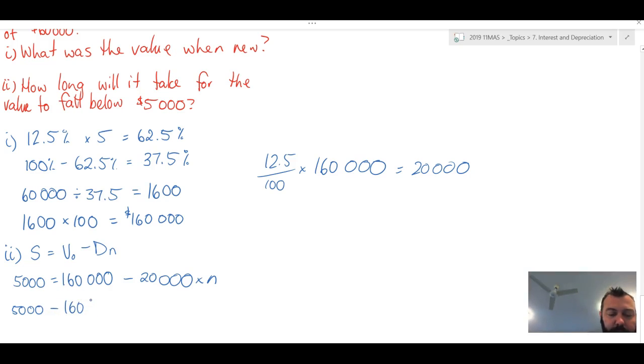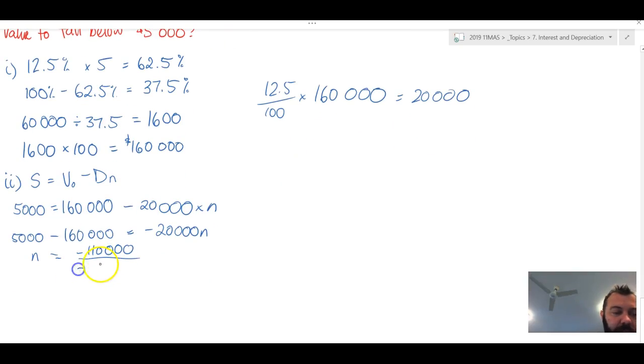Oh no, let's do it a different way. No, we'll stick with this. Equals negative 20,000 N. That means that N equals, right, 5,000 minus 160,000 is negative 110,000 over negative 20,000. Right, so it's 11 over 2 equals 5.5 more years.